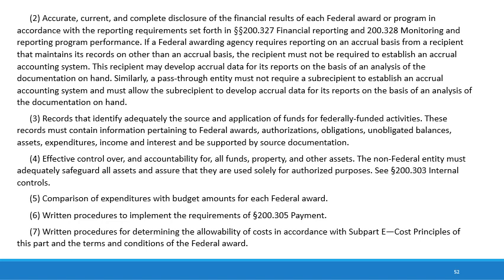This also states that assets should be used for authorized purposes only. Number 5 states that reporting should include a comparison of expenditures to budget. Number 6 states that the non-federal entity should have written procedures for requirements in section 200.305, which is payment, and also written procedures regarding allowability of cost in accordance with cost principles, which is subpart E.